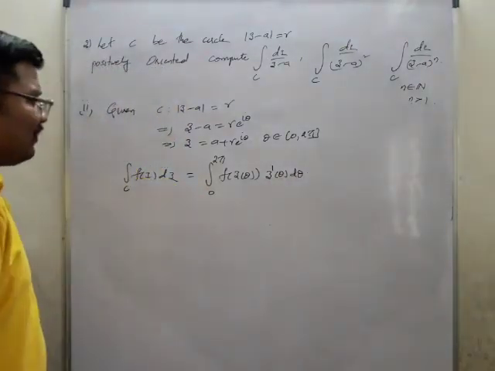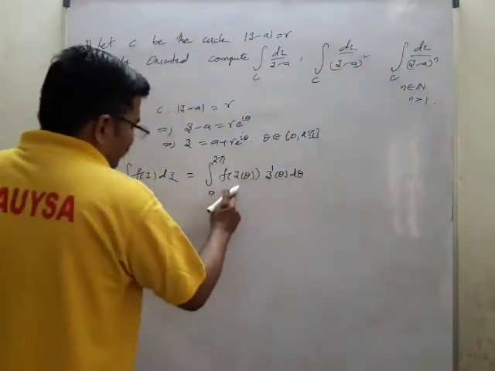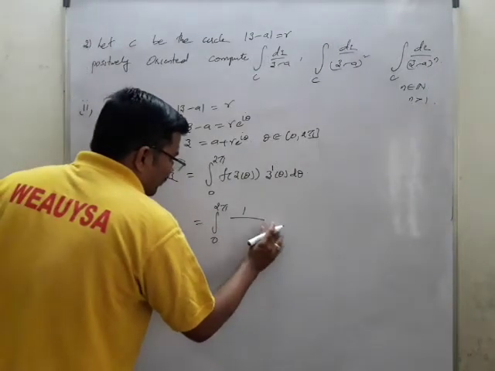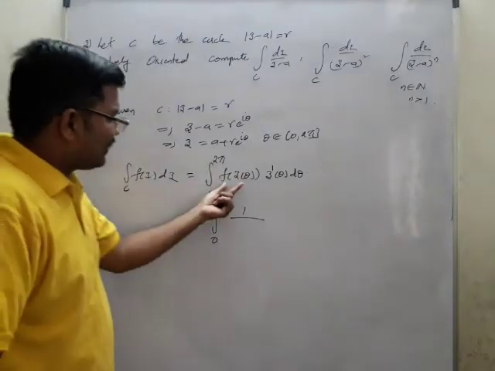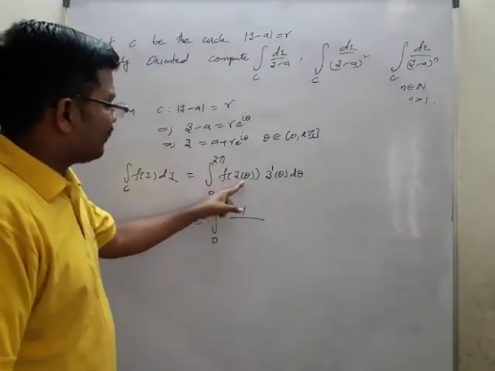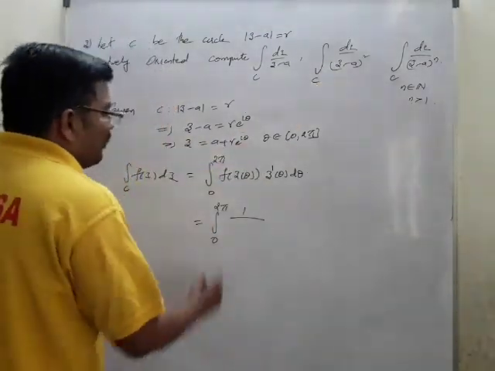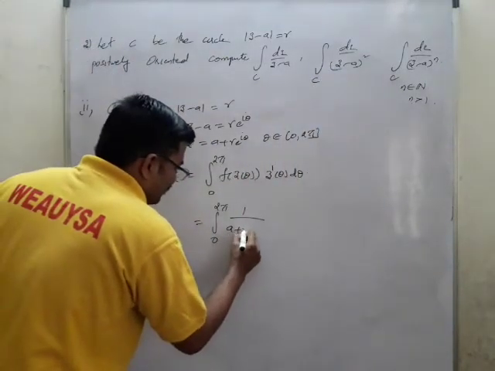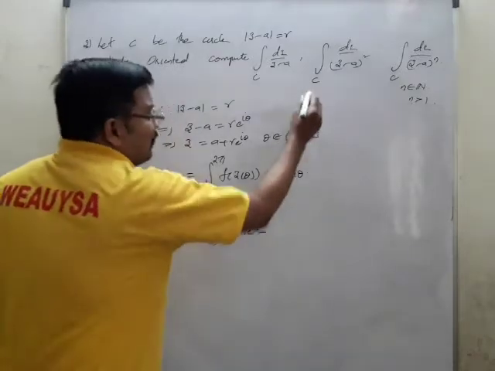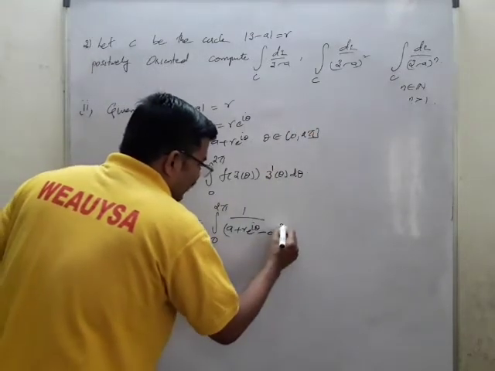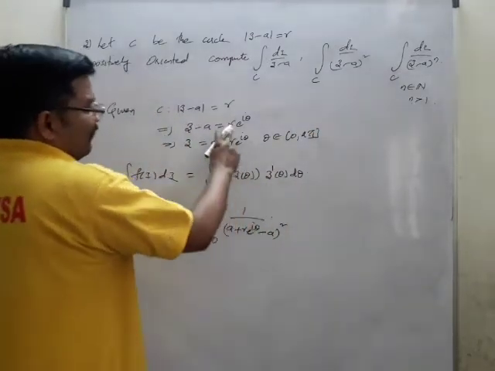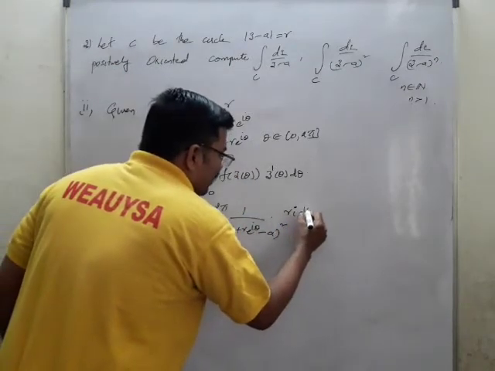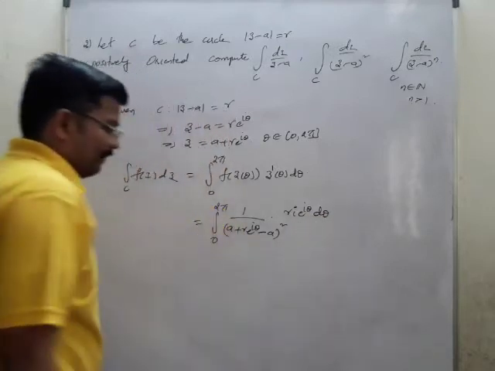Okay, so therefore now I may write this one first, integral 0 to 2 pi of f of z of theta, which is nothing but this. So 1 by, what is z actually? z is a plus r e power i theta. So 1 by a plus r e power i theta minus a whole square into z dash of theta, this one, which is r i e power i theta d theta, same.